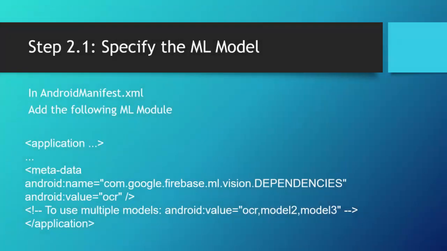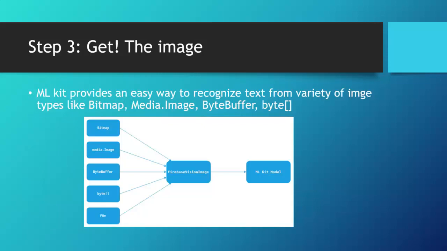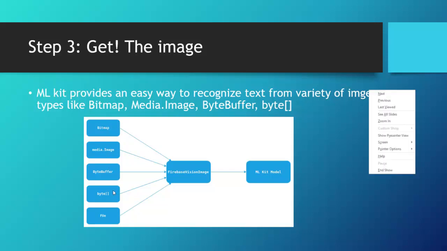Now after adding all the dependencies, what we have to do is get the images. How ML Kit provides image recognition. These are all the different image formats it supports: bitmap, jpeg, gif, and tiff.